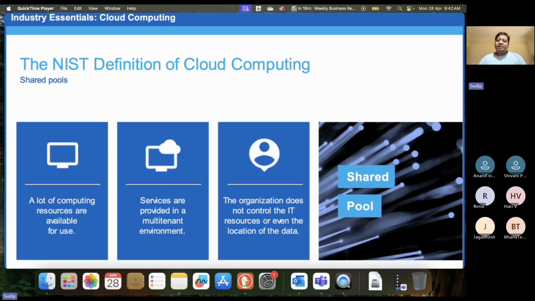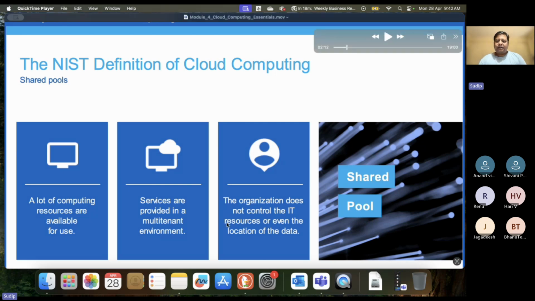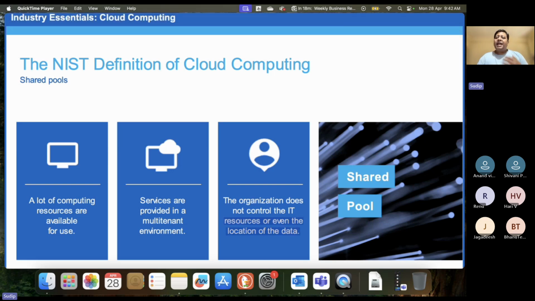And then the last statement is very, very important. As an end user, you are not sure, or you don't even know, or you cannot even control where exactly your data resides in all those servers and storages.